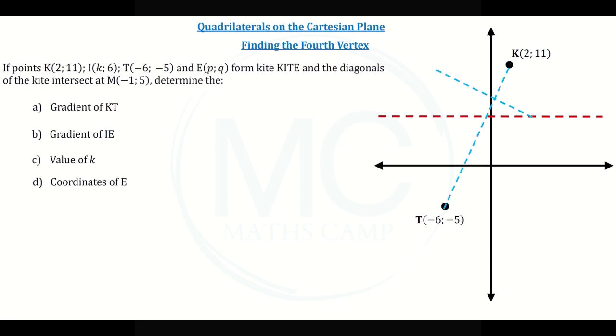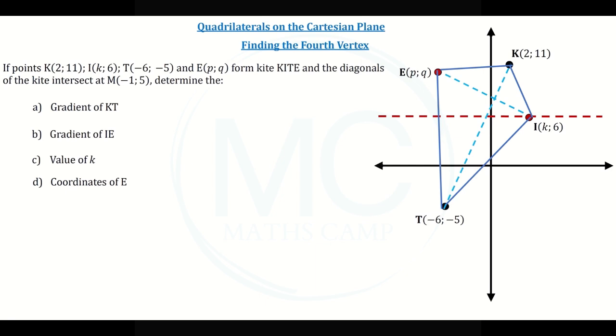We don't yet know if KITE is named in a clockwise or an anti-clockwise direction. So let's say that this is point I, which means that point E should be up here. Now we can join our points and draw our kite. But this is already a mess, and we haven't even included the midpoint M yet.